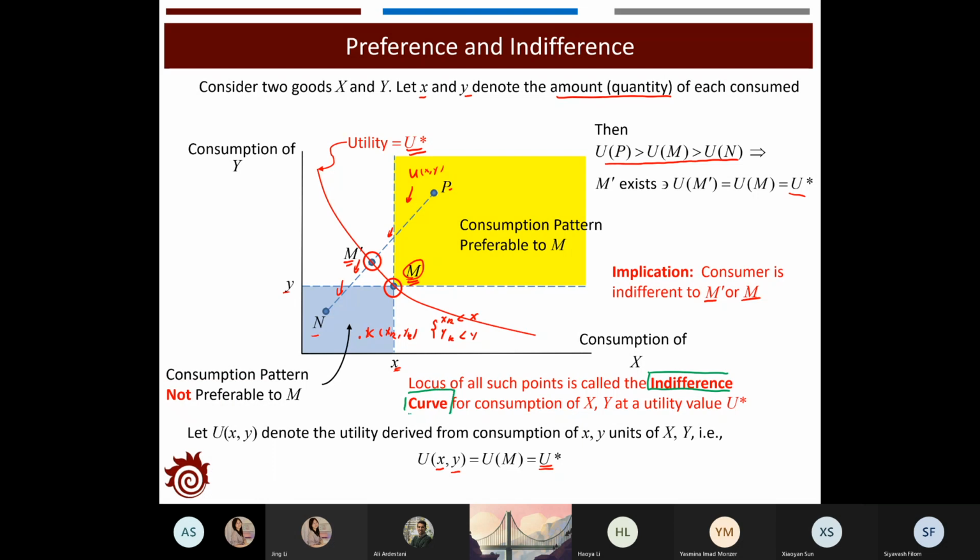This is one of the very important concepts we have to define in this class. We're going to use this indifference curve, or IC, to find the optimal amount of the X and Y products for each consumer. So that's the definition of the indifference curve.